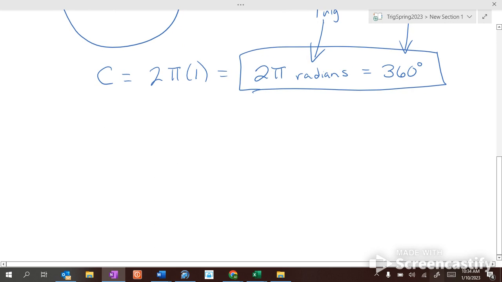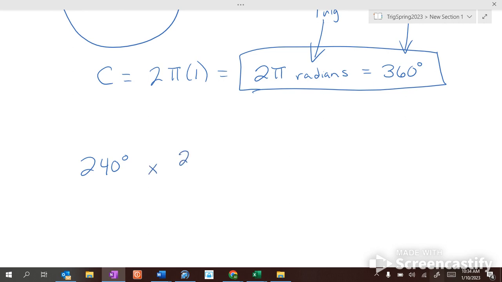So, if I had 240 degrees and I want to convert that to radians, I know that there are 2 pi radians in every 360 degrees. Now, why did I put radians on top and degrees on the bottom? We want the degrees to cancel out.